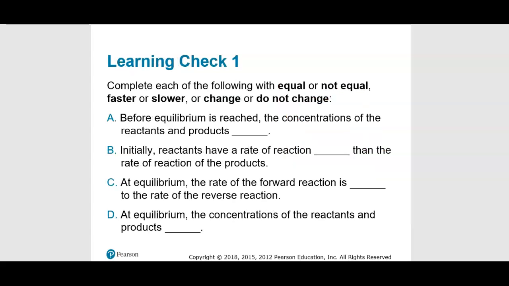So let's look at this learning check. Before equilibrium is reached, the concentrations of the products and reactants, what? Well, they don't say are or is or anything like that. So equal, not equal. Well, before equilibrium is reached, they're not necessarily equal or not equal in this case.